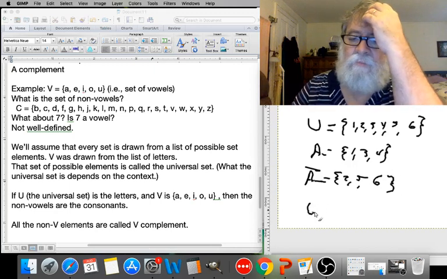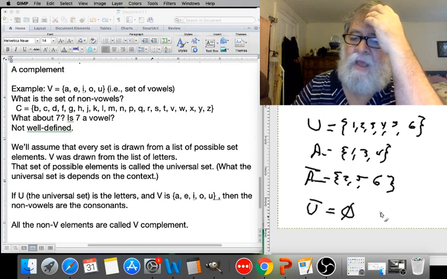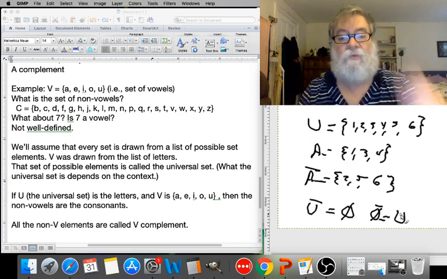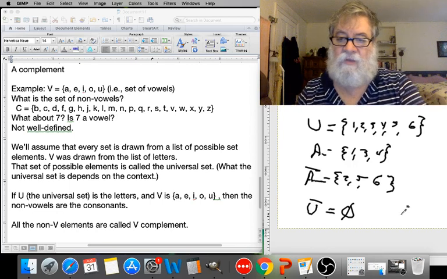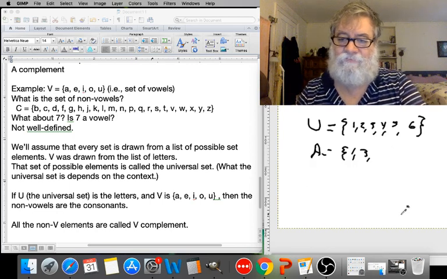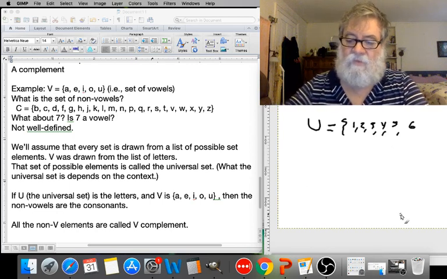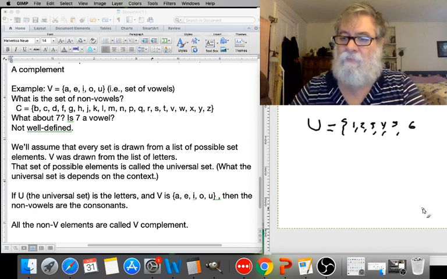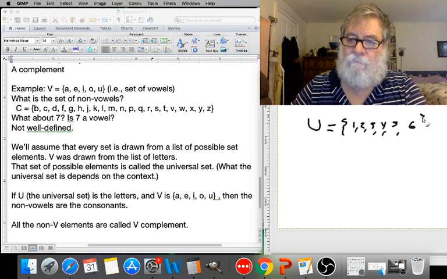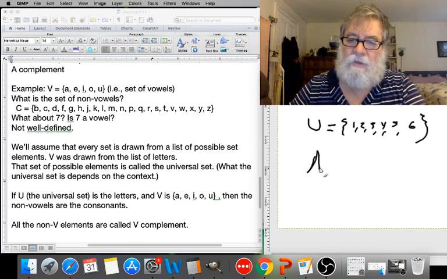U complement, by the way, would be the empty set. And the empty set complement would be U. So let's see, what else do we know? No matter what A was, A complement complement would be just A again.